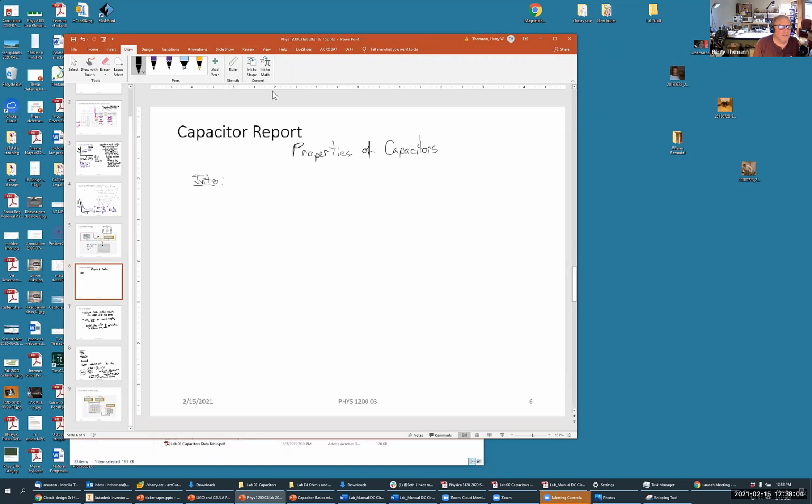And something like we report on our exploration or determination of a device called a capacitor.